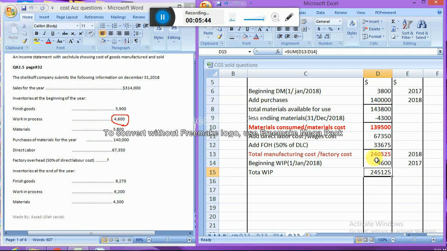So now in 2018, the total work in process we have is 2,45,125.